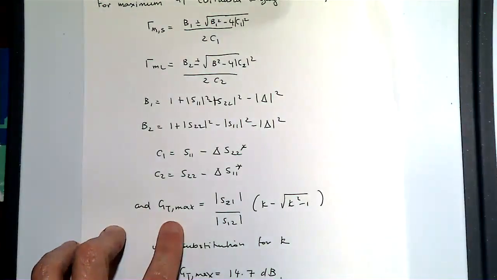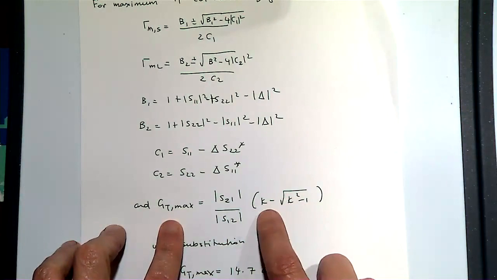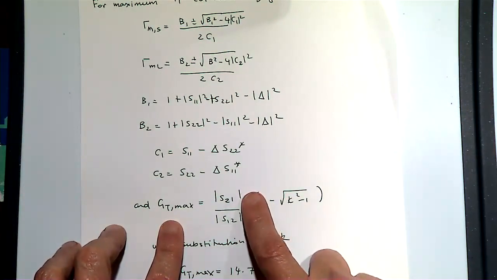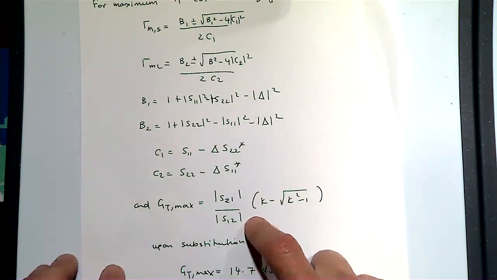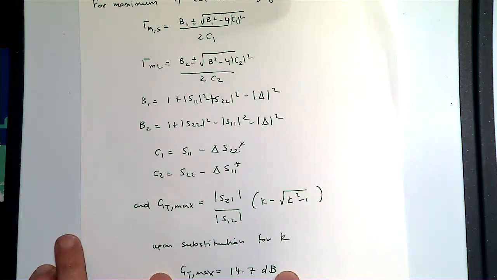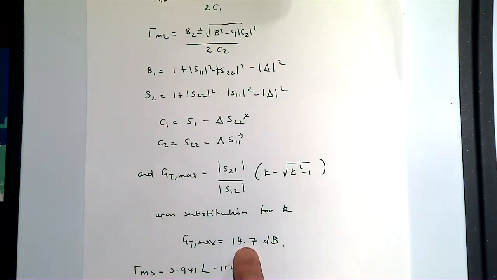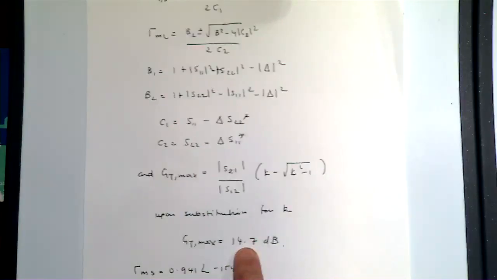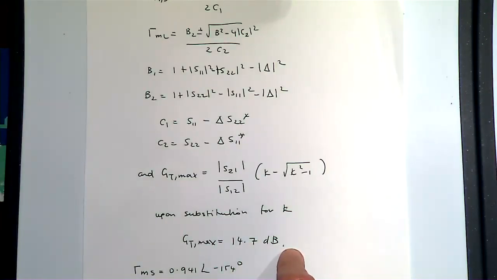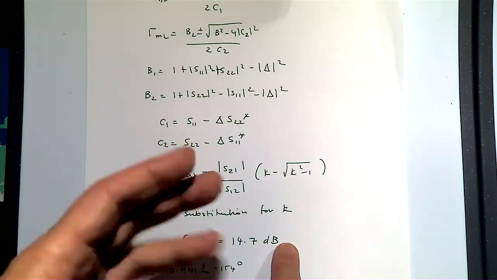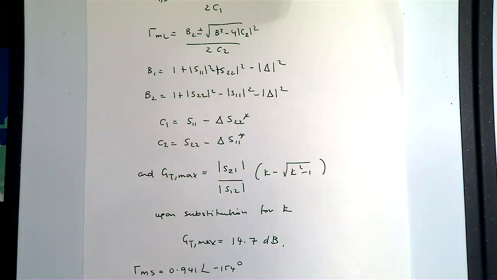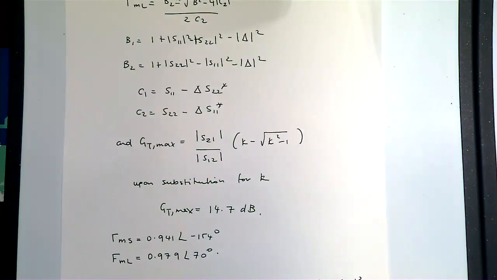If we substitute that into this formula, we've got K is equal to the magnitude of S21 on S12, and we see that our maximum gain for this particular transistor, if we were using this transistor in order to make an amplifier, is 14.7 dB. That's the best that we can ever hope to achieve if we bias this particular transistor the way that we've just described, and we had those particular scattering parameters.